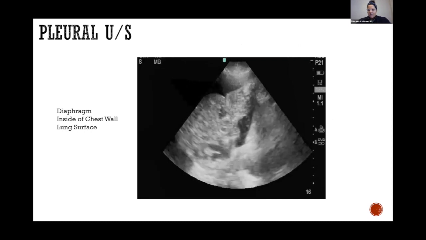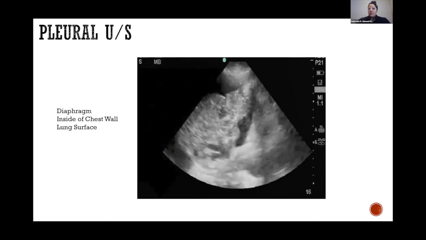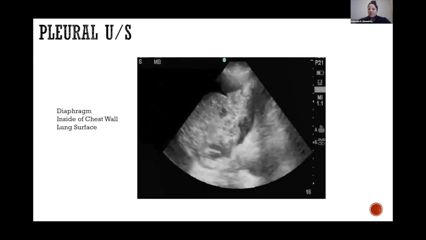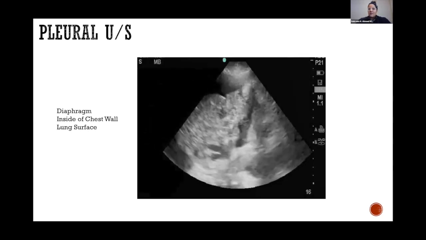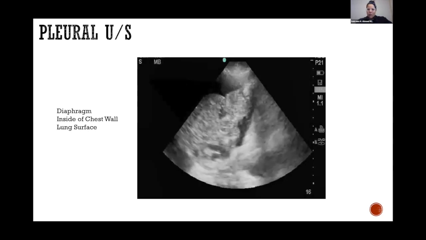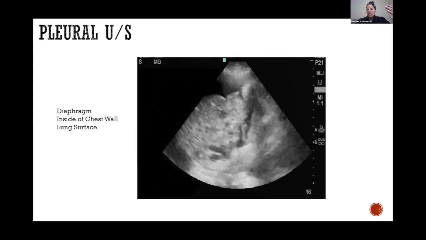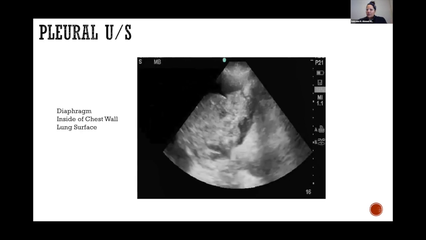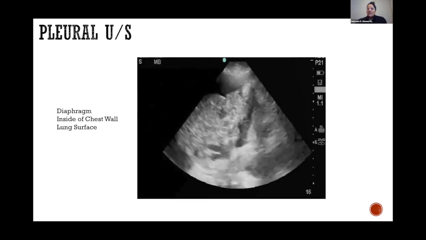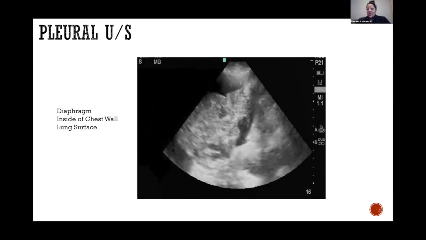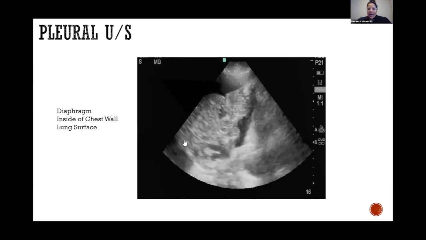The reason for that is that anything fluid filled will absorb all of the sound waves and will not reflect anything back. Something that reflects everything back is very white and hyperechoic. A structure that reflects some sound waves, but not all, is somewhere on the grayscale. And things in the body that absorb all the sound waves look black, or anechoic, is what we say.